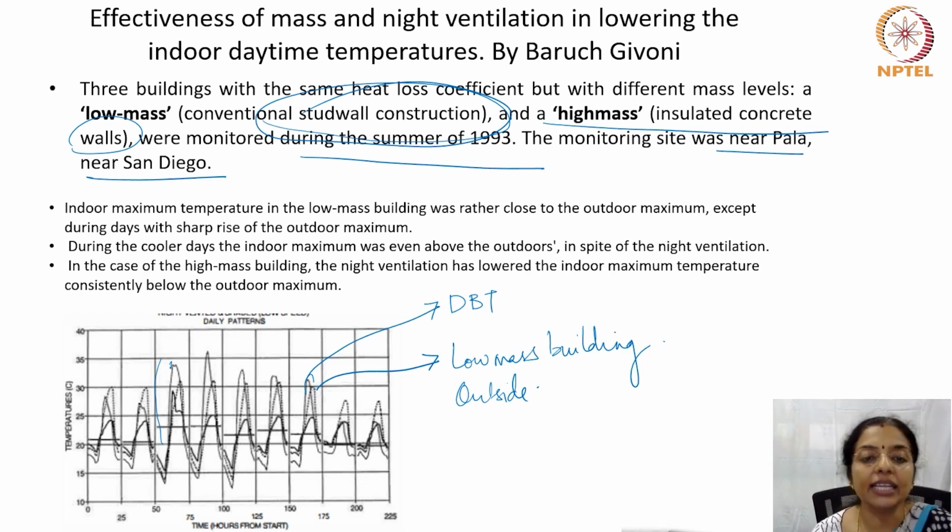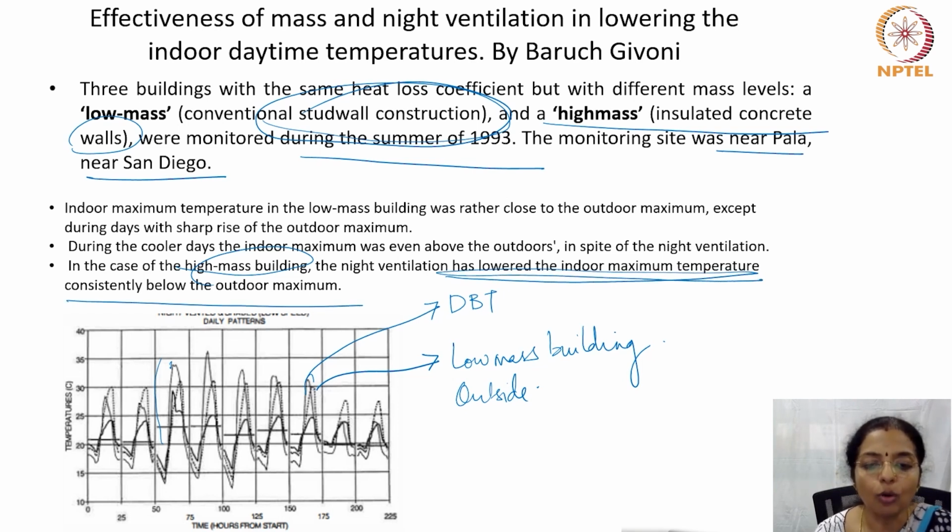But in the case of the high mass building, the night ventilation has lowered the indoor maximum temperature consistently below the outdoor maximum. You can see how consistently for every day the maximum temperature in a high mass building is always lower than the outdoor dry bulb temperature.